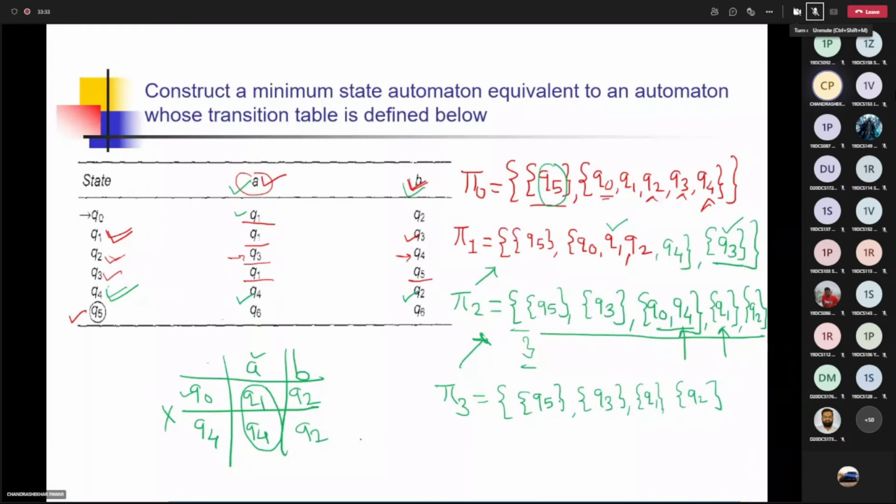So we will write them down separately, Q0 and here we write down Q4.